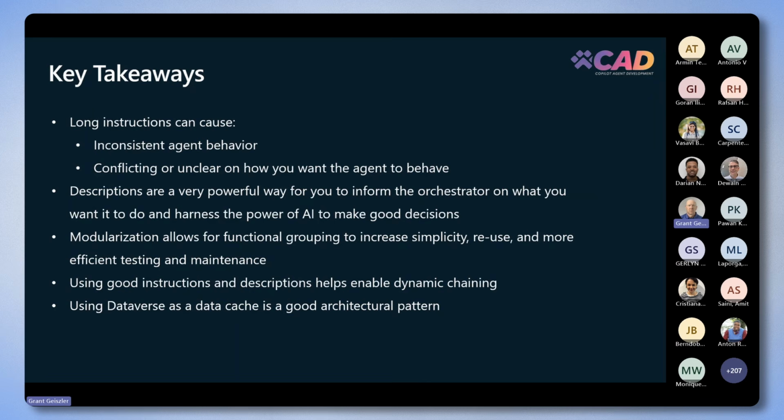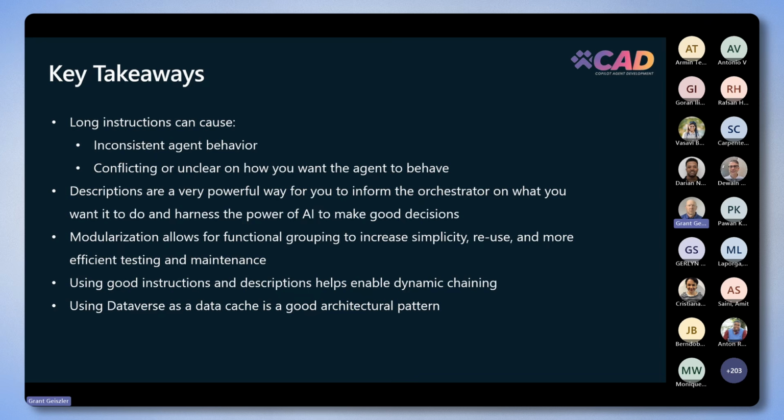Some of the things that we see, and Dwayne, by all means, chime in if I'm missing something, are that when you have long instructions, sometimes you'll get inconsistent agent behavior, or conflicting and unclear instructions on how you want the agent to behave. For example, let's say in a child agent or in a prompt or in a tool, I say format the data in a table, but then my overview instructions say format the data in a bulleted list.